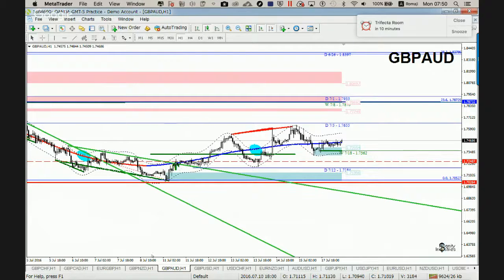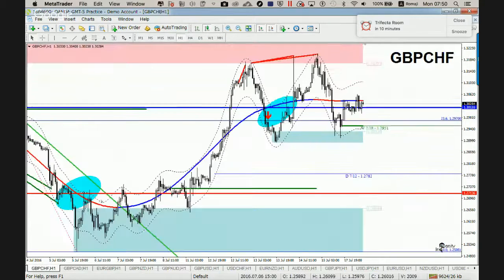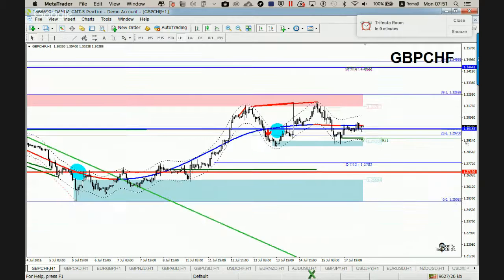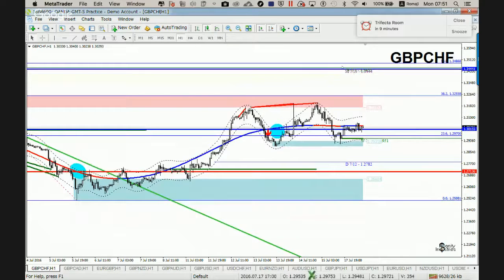Finally, the pound Swiss buy. It sort of looks like the euro dollar in a way. It's moving sideways a little bit. As it moves sideways, we have frequent color changes in the direction of the triangular moving average, waiting to punch through that Class A zone and get to the final profit target at the monthly pivot.